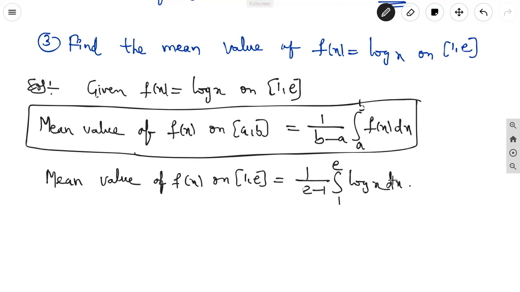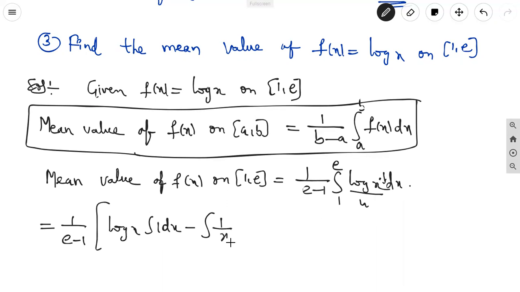In this also, we can take the ILATE form. This is equal to log as u, 1 as v. Here, that is equal to 1 by e minus 1, u, that is log x, integral 1 dx minus integral log x differentiation is 1 by x, integral 1 dx whole dx, limits from 1 to e, equal to 1 by e minus 1.